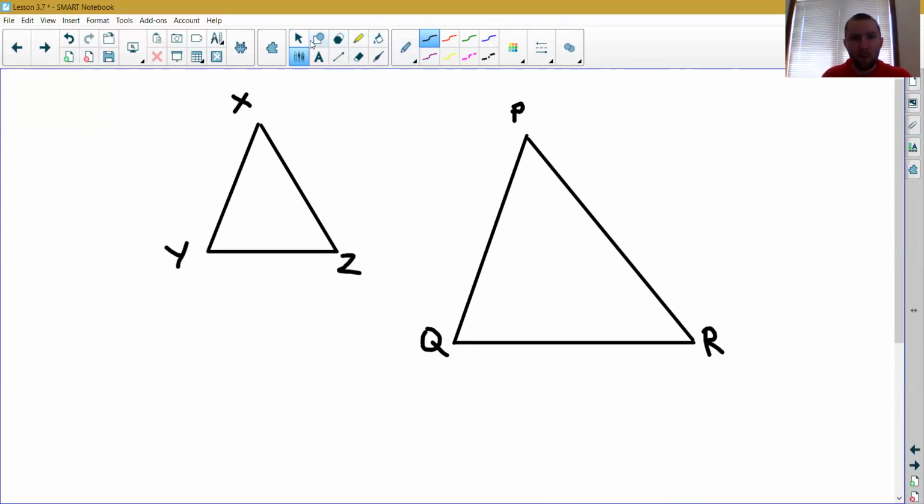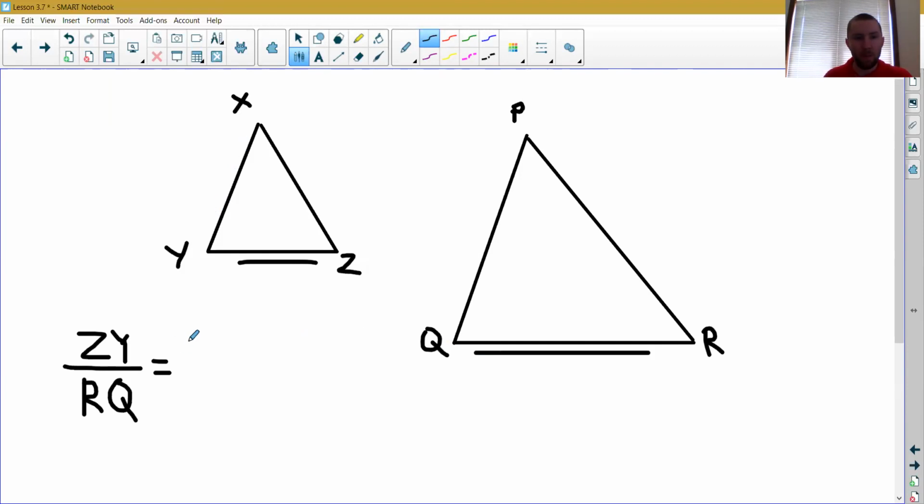Okay, if I were to set up as a fraction, let's say, ZY over RQ, that's equal to what? Well, ZY over RQ, that's this side and this side. So I can pick either of the other two side pairs and I can make myself a proportion, okay?